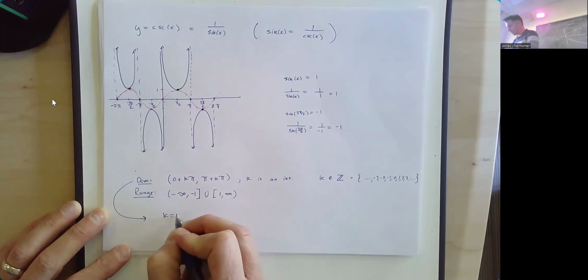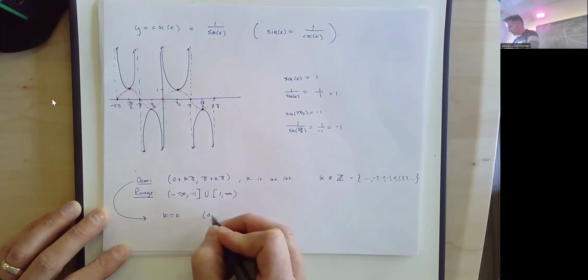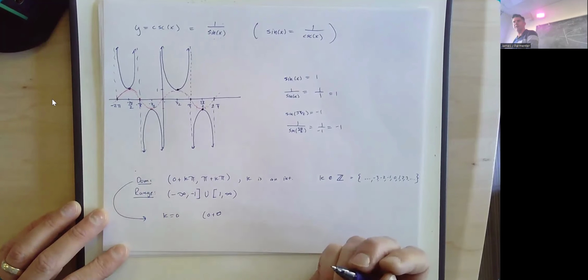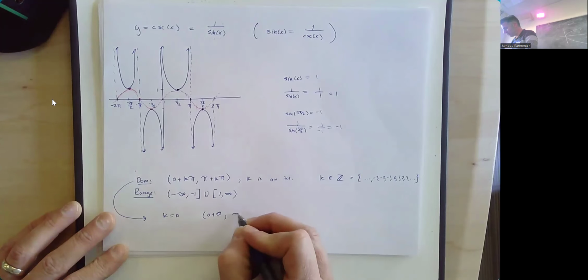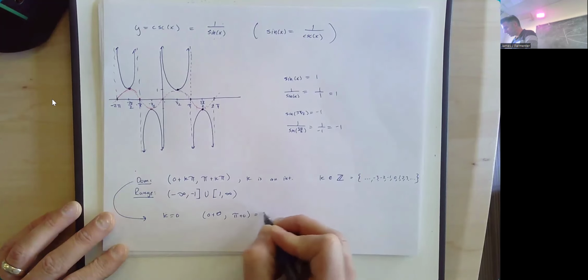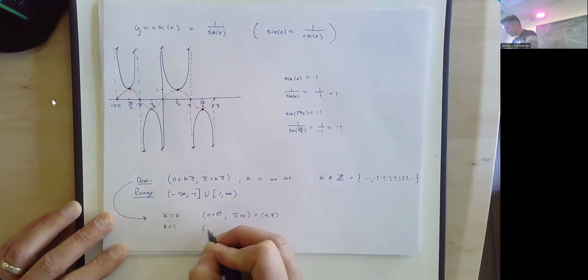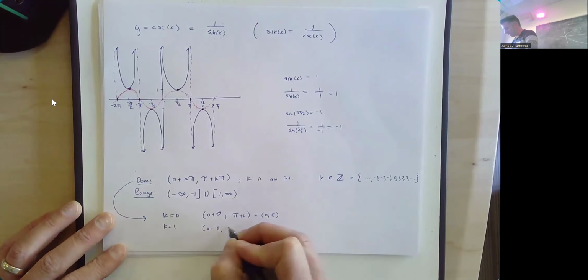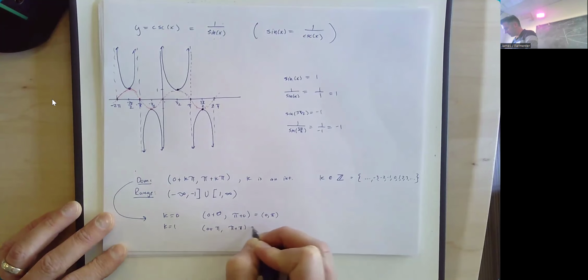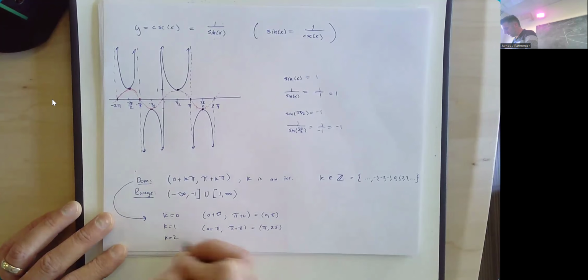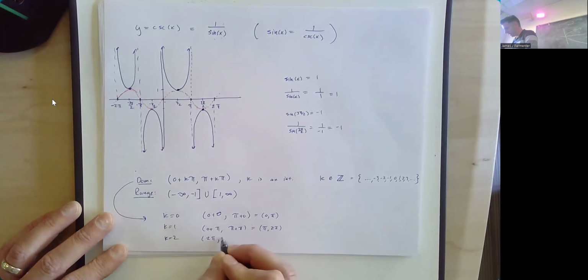If k equals 0, I get 0 plus 0, because k is 0, not 1, to pi plus 0, which is just 0 to pi. And then when k is 1, I get 0 plus pi to pi plus pi, which is everything from pi to 2 pi. When k is 2, I get 0 plus 2 pi to pi plus 2 pi.